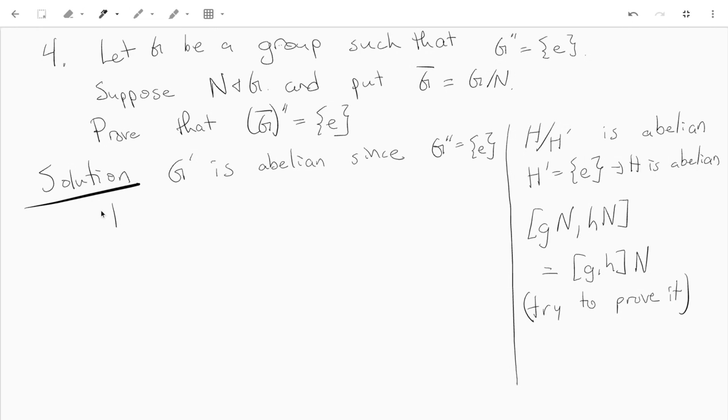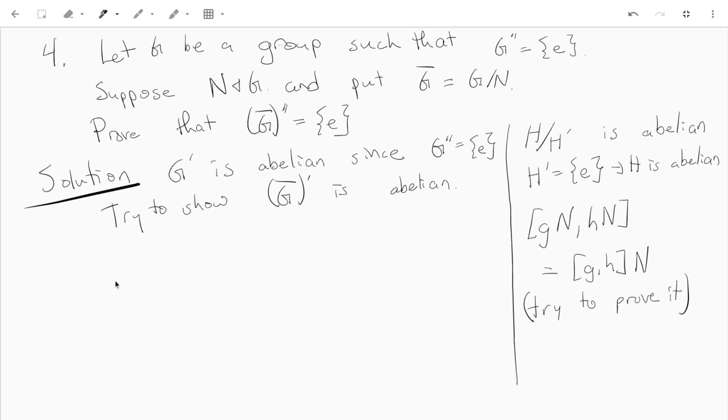Let's try to show that G bar prime is abelian. Well, if we can do that, then G bar prime prime will be trivial again by this property. Okay. Well, how do we show that G bar prime is abelian?